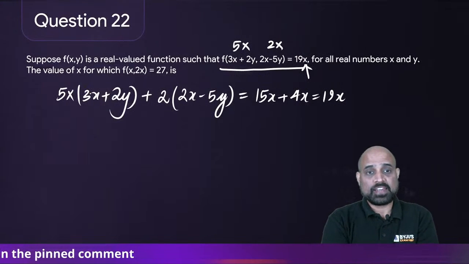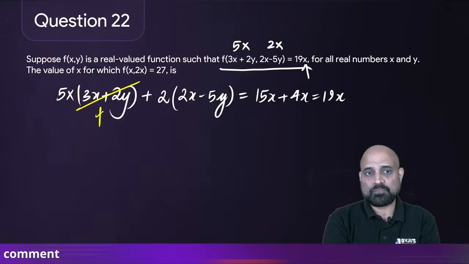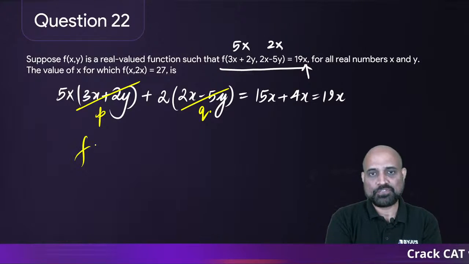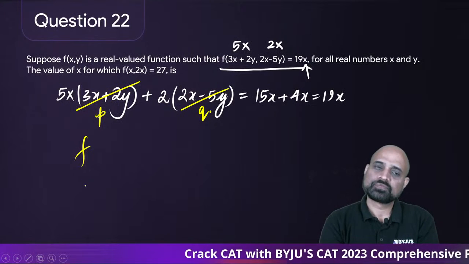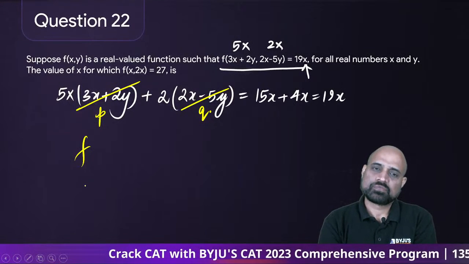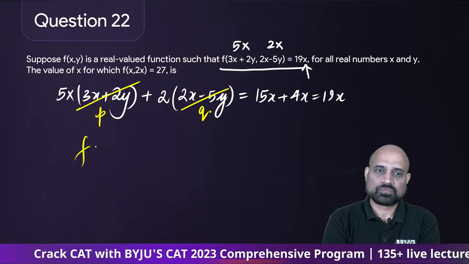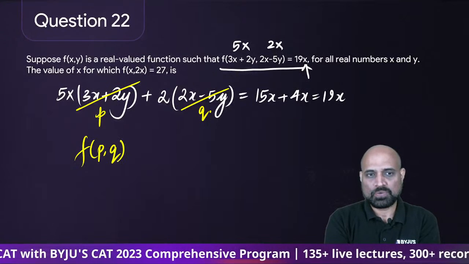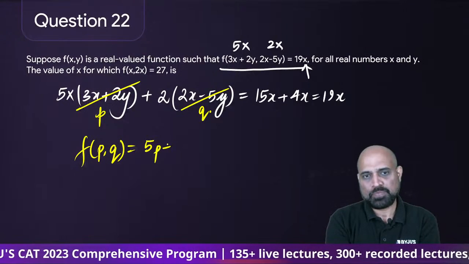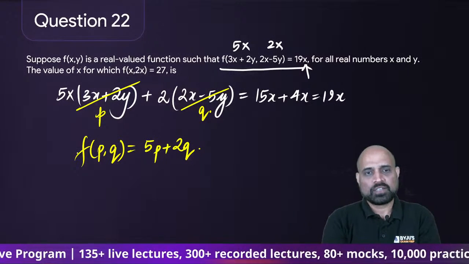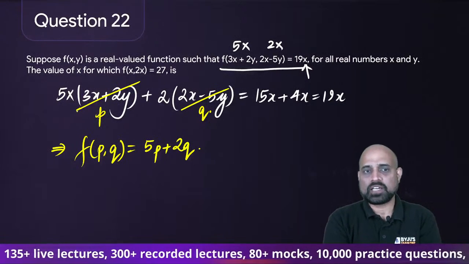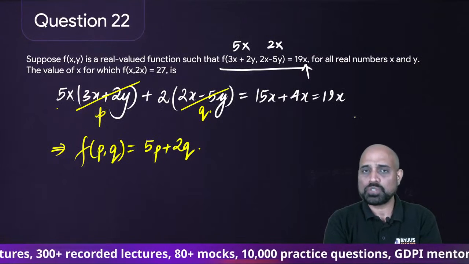So if we treat this as, let's say, P, and if we treat this as Q, so can we say f of P comma Q is 5P plus 2Q? बोल सकते हैं ना, क्योंकि उसी से तो निकाला है.